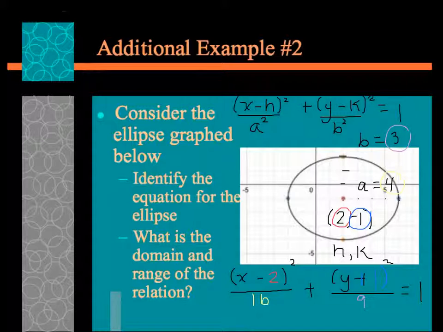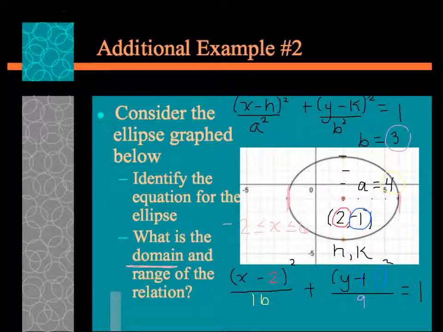All right, so now once again we can determine the domain and range by just looking at how far left and right it goes and how far up and down the graph goes. So right and left is about domain. So I see it goes as far left as -2 to as far right as 6. So the domain would be all x's between -2 and 6.